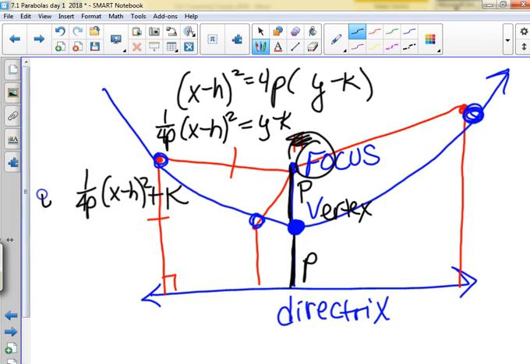And that would be y equals, I'm going to move the y over here. Does this look like vertex form? Except we just called this a for the stretch. So the stretch is 1 over 4p. And p is the distance between these. That distance p also determines how wide or narrow the parabola is.